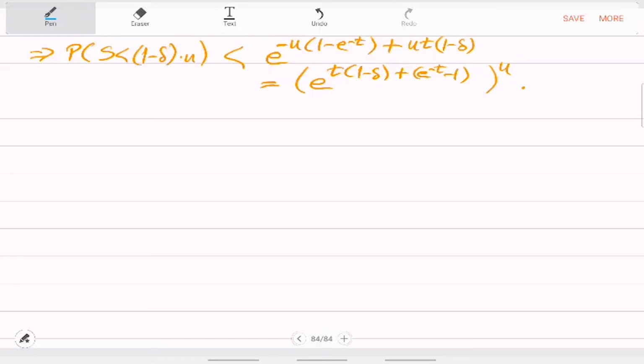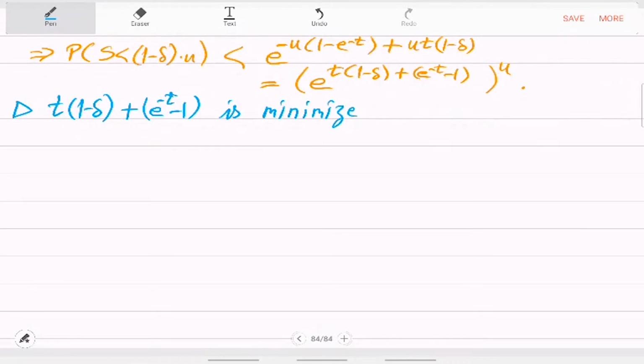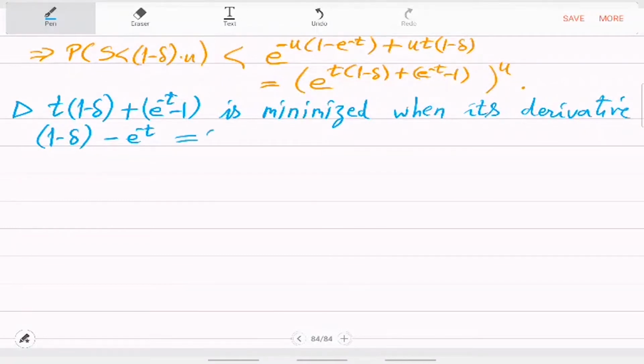So let's do that. t(1 minus delta) plus e raised to minus t minus 1, this is minimized when its derivative, which is 1 minus delta minus e raised to minus t, is 0, right?